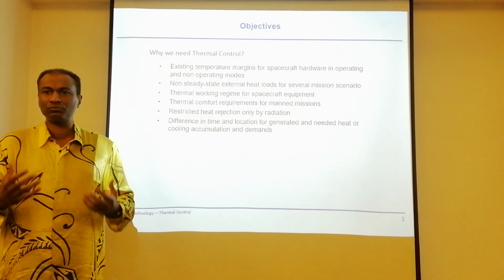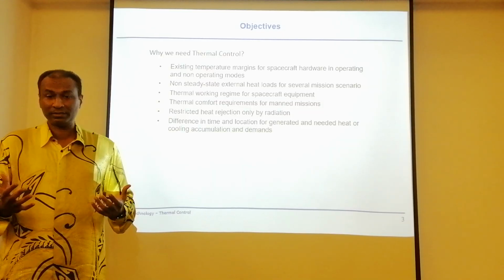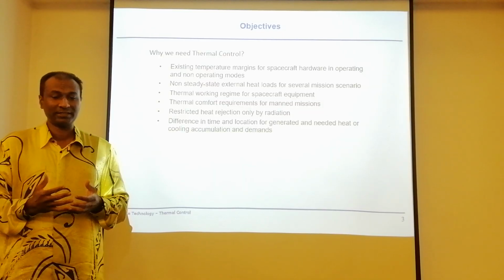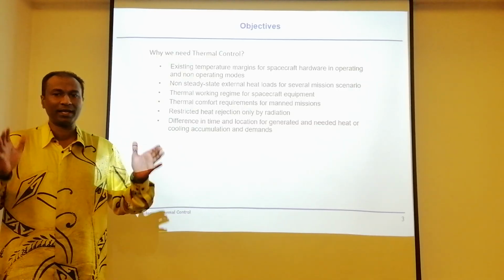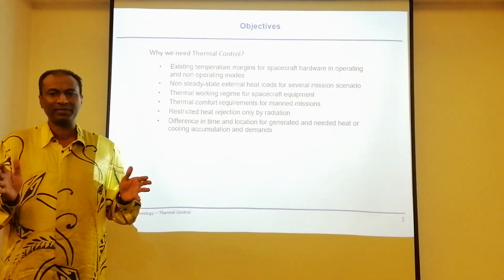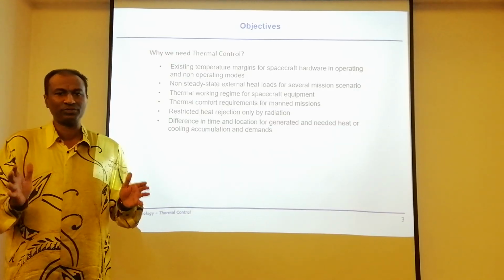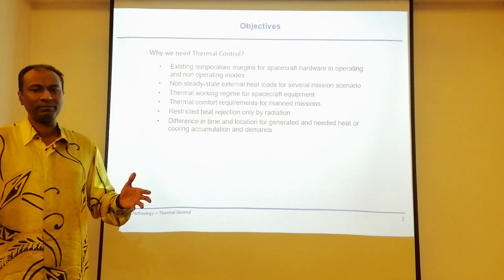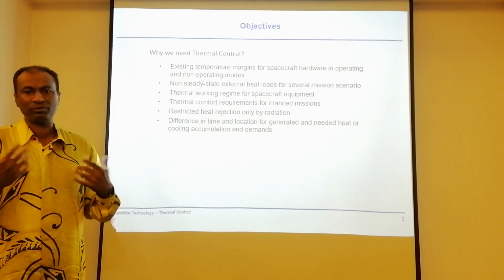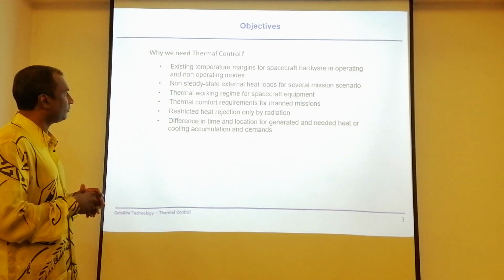How do we control it? The important item is to ensure all our equipment is operating within a specific temperature regime. That is the challenge. If you don't control it, you will be out of the regime, and it is going to lead to a catastrophic failure.